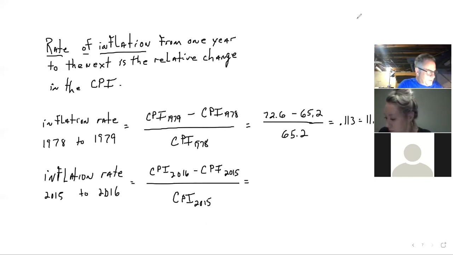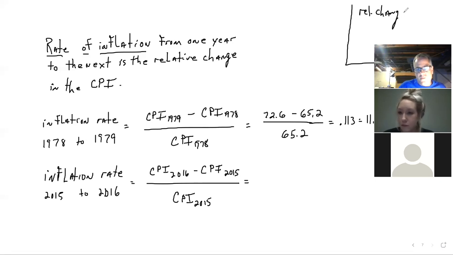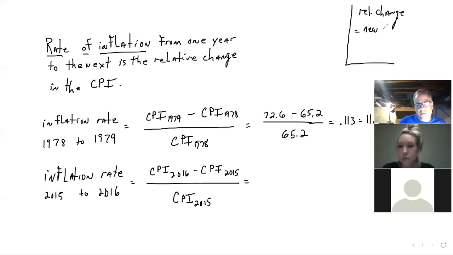Give me a second. So let's say I want to define, back at the beginning when we were talking about relative change, we defined relative change, that was percentage, your new value minus your reference value divided by your reference value.